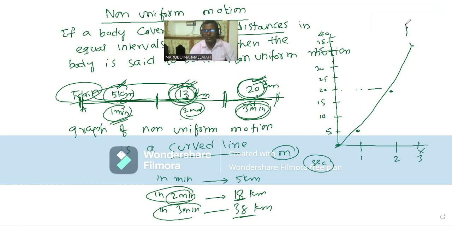Now join these points, what do I get? One curve, not a straight line. That means the graph of non-uniform motion is a curved line.